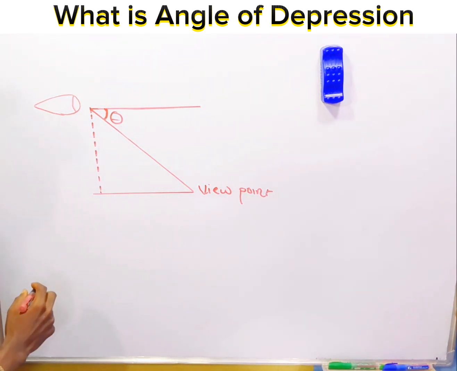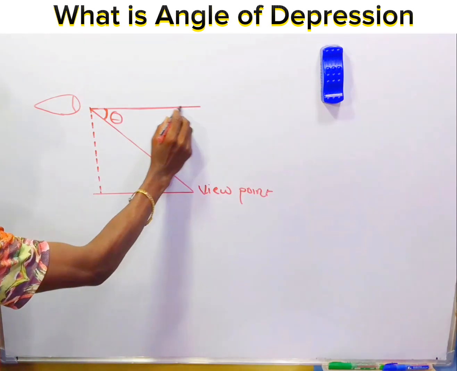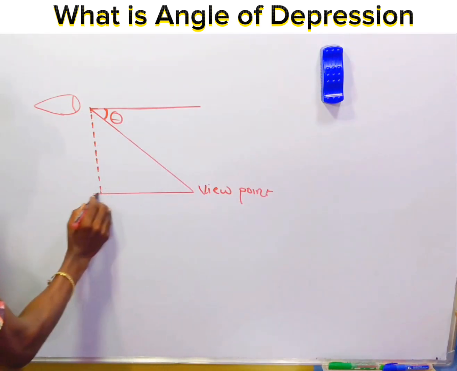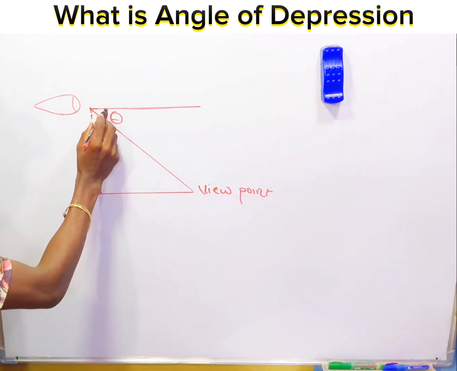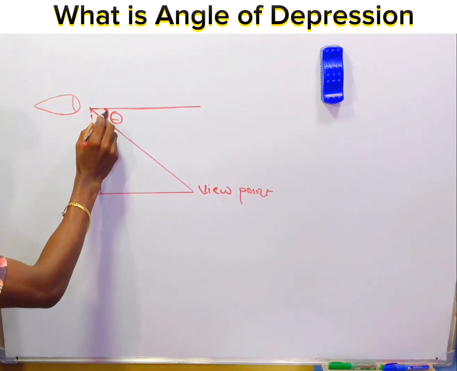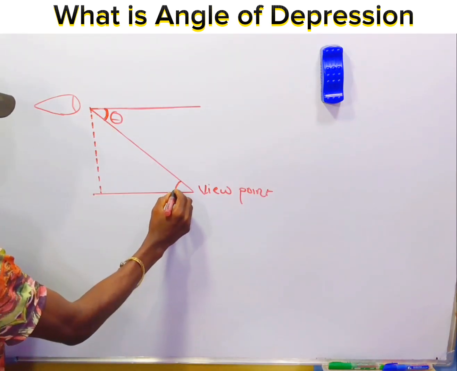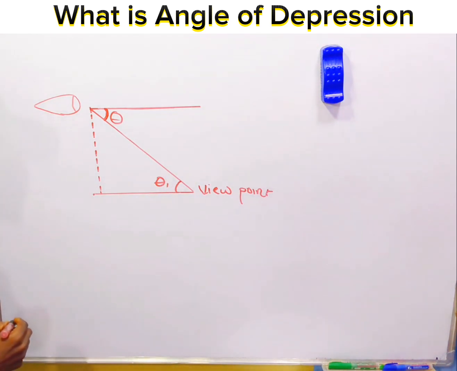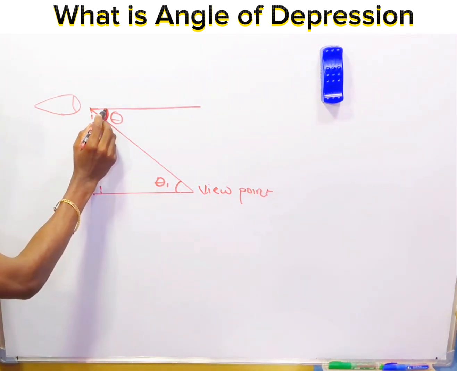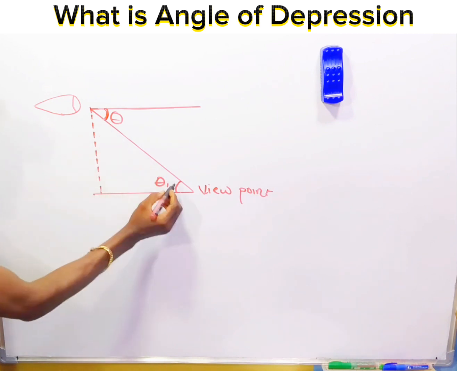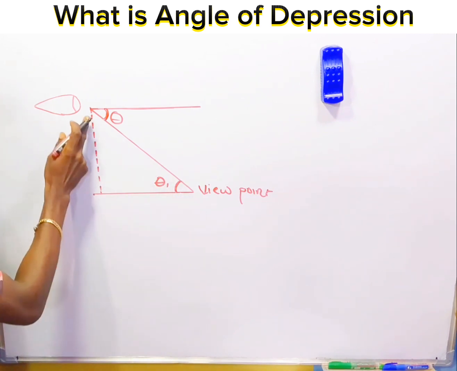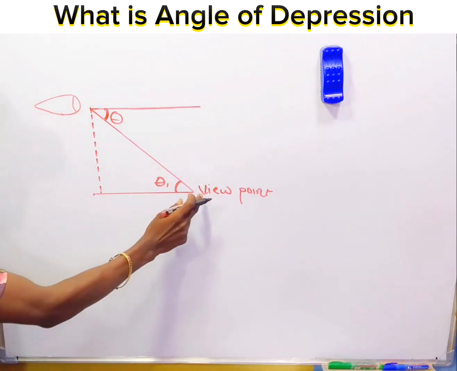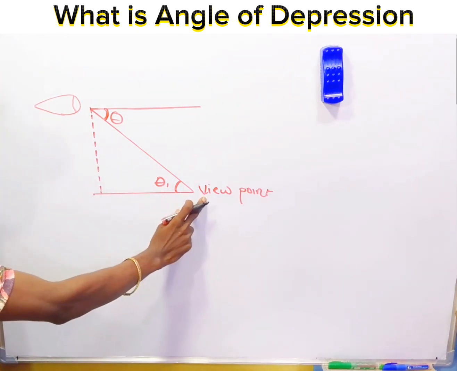However, using the alternate angle, from this line to this line to this line, the alternate angle formed, which is the angle of depression here, is equal to the angle here, which is theta 1. The exterior angle formed here is equal to the interior angle from the height of the building to the viewpoint.